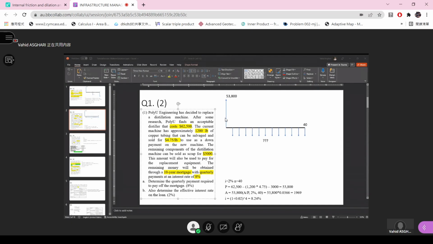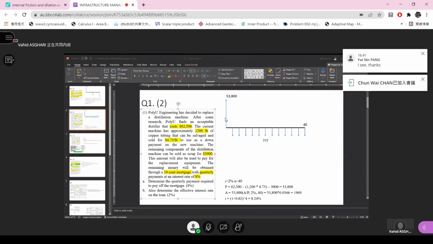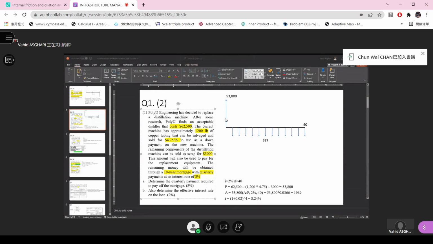People can have different interpretations, and I totally understand it. About the effective one, no, it's not effective because it's not mentioned that it is the effective interest rate. But about the 8% one, yes, I will do that. On the other hand, 8% quarterly is a little bit high. It's not a really good assumption, since 8% per quarter is a large amount of money.